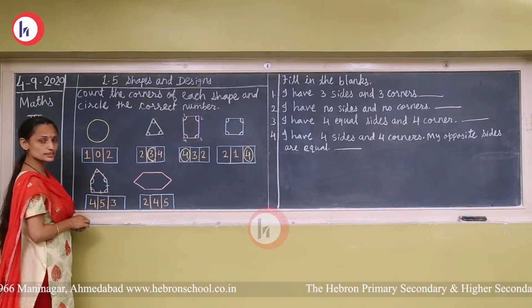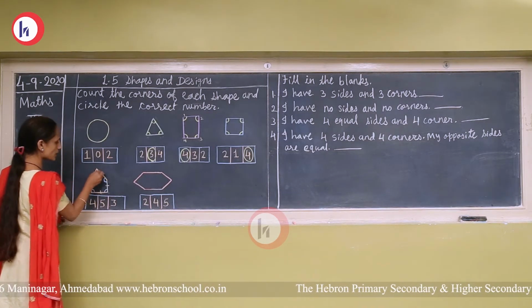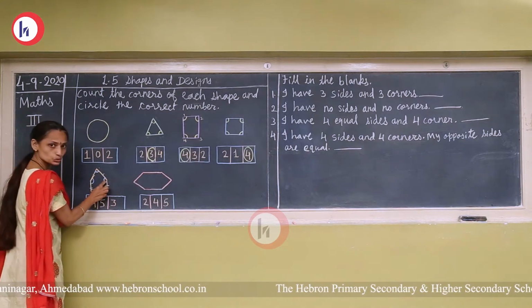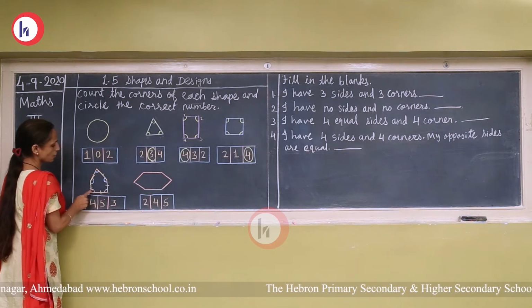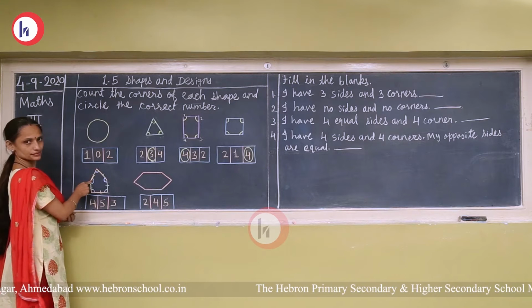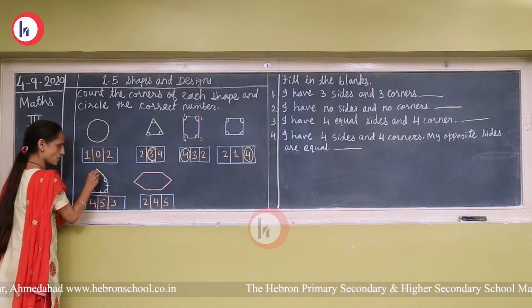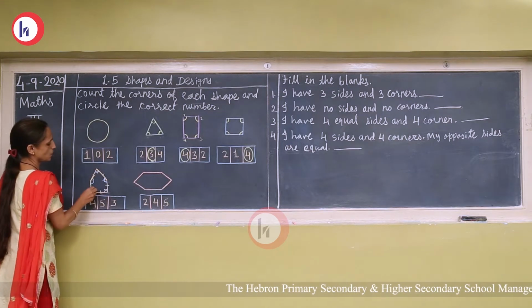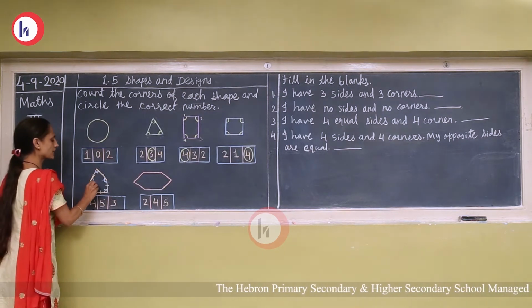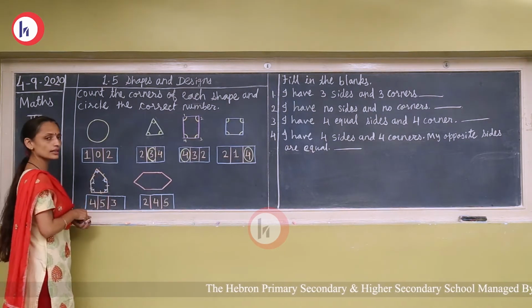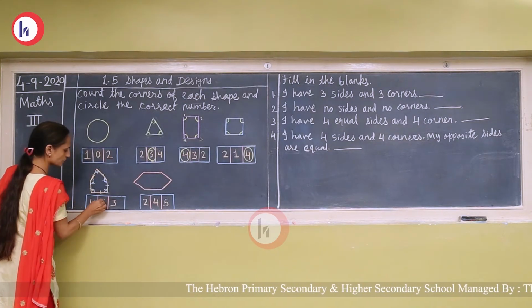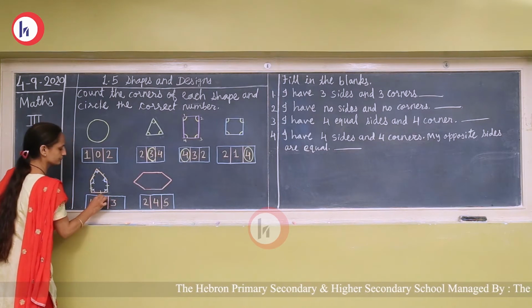How many corners are there? 1, 2, 3, 4, 5. Again 1, 2, 3, 4, 5, means in a pentagon there are 5 corners. So put a circle on 5.